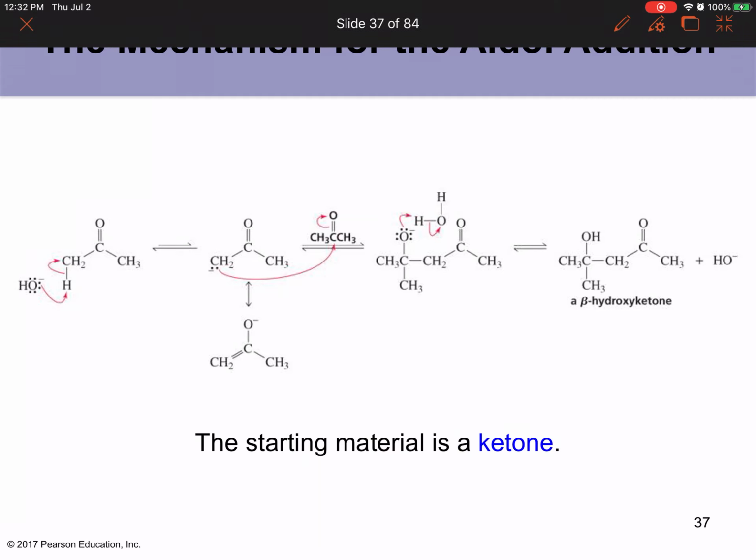Basically, you can consider, let's say you have two molecules of the same. So this is one, and then you have another one, with a carbonyl group, like that. So if you have two, this carbon over here is going to connect to this carbon and form a bond, and then this bond opens up.